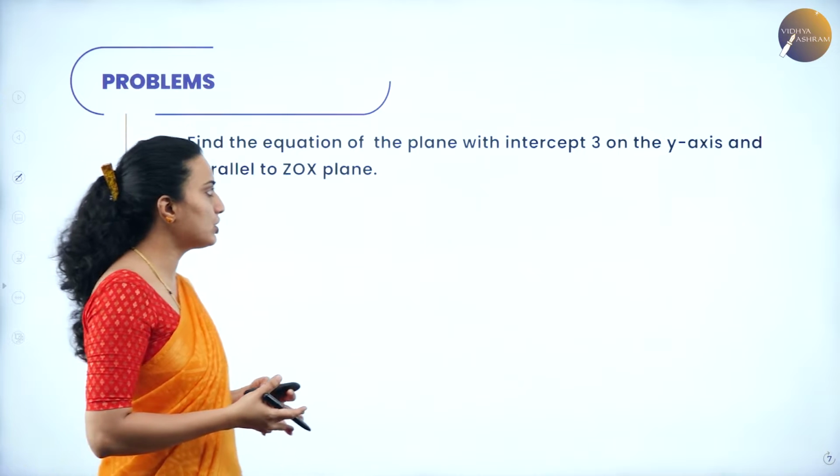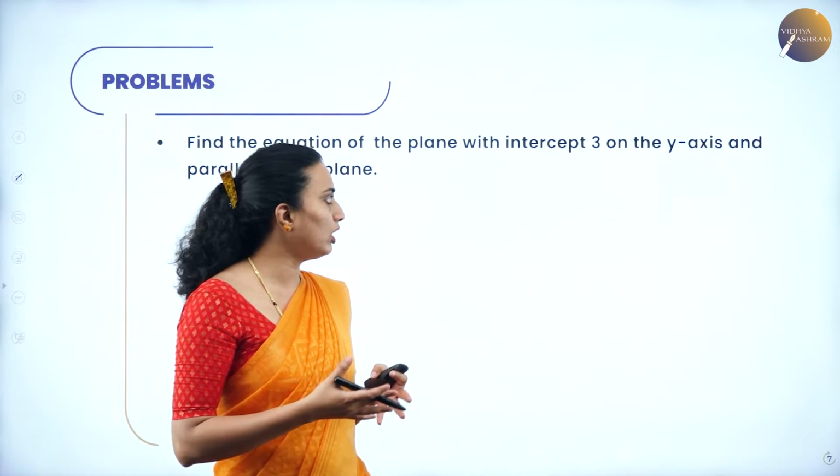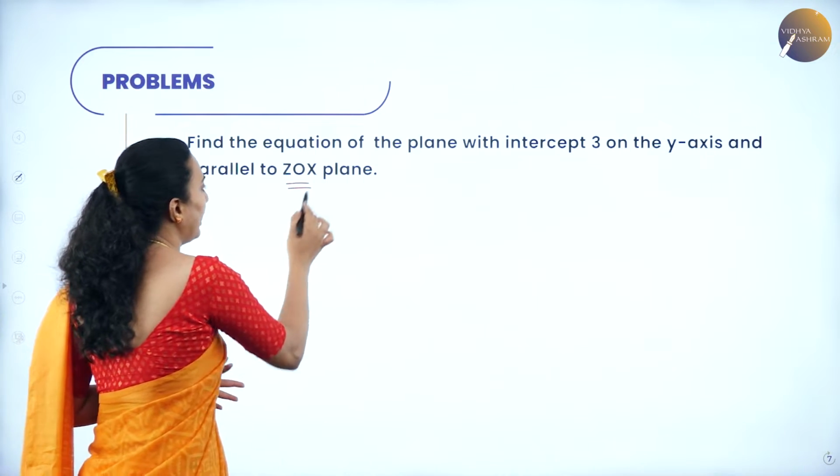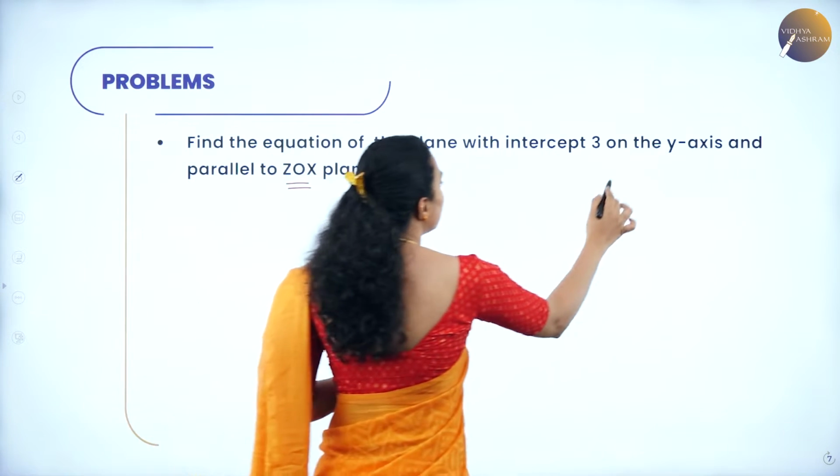Find the equation of the plane with the intercept 3 on the y-axis and parallel to the ZOX plane.